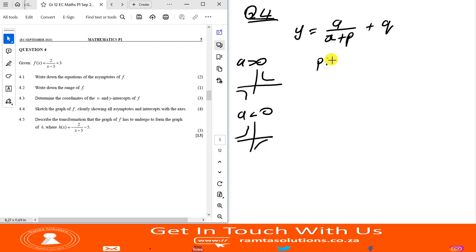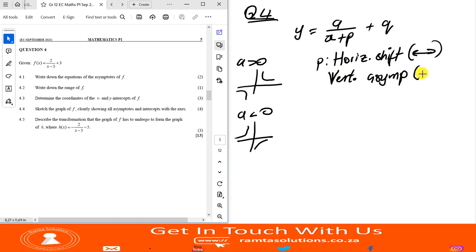This p, we call it horizontal shift, because it's to do with movement of the function from the left or the right. It also gives what we call the vertical asymptote, where your function is invalid.